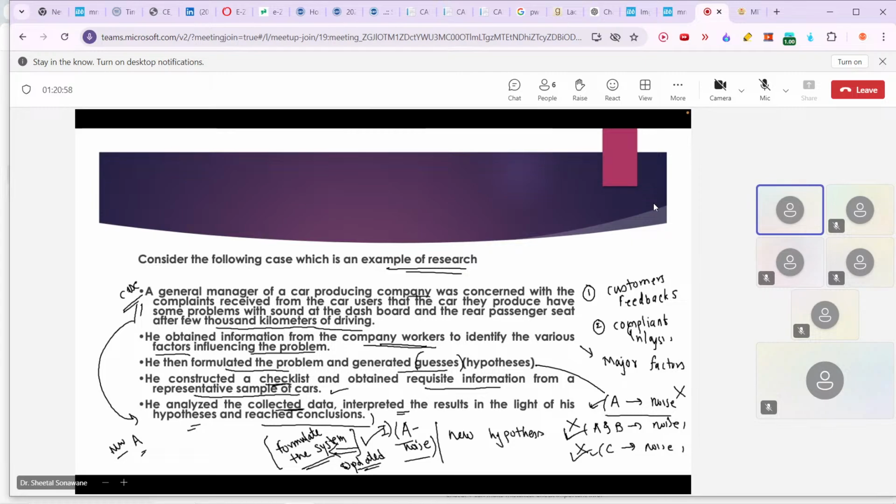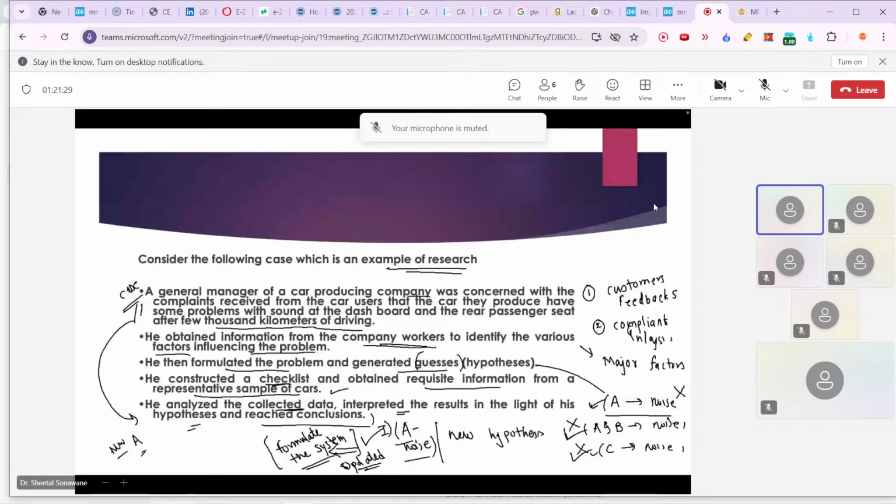He constructed a checklist. Problem A, problem B, problem C, major reasons. He constructed a checklist and then obtained the requisite information from representative samples of cars. He has not taken all cars into consideration. Sample cars, and then he collected all the information.